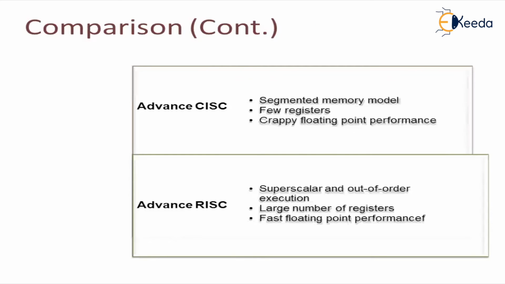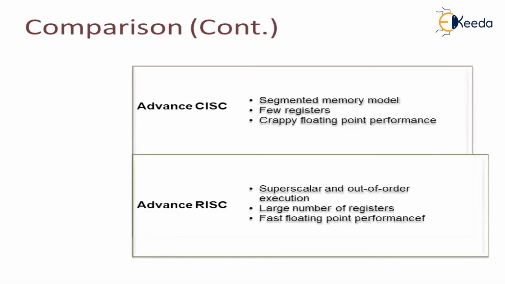Now, after RISC and CISC were developed, different versions came into the picture. One was called Advanced CISC and the other Advanced RISC. What were the features of Advanced CISC? Segmented memory model. It had only a few registers involved. Poor floating point performance.